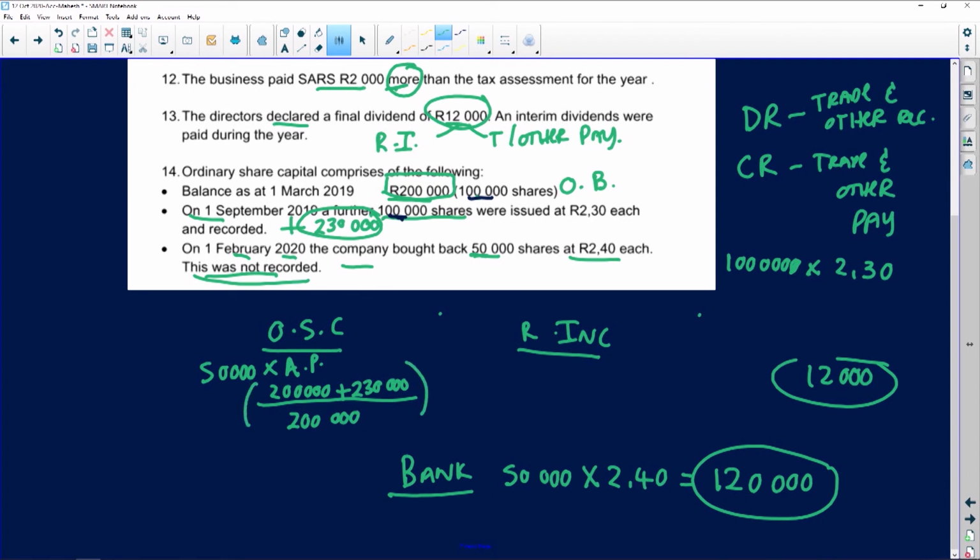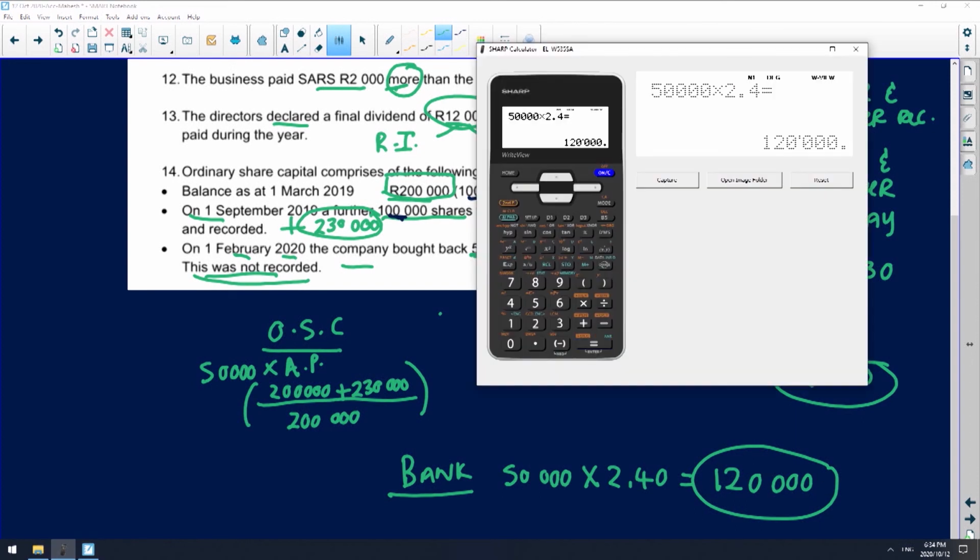So let's work out our average price. We've got 200,000, I'm going to leave out the 3 zeros, plus 230,000, and then we divide this by 200,000. Again, I'm just leaving out the zeros, so it makes my life a bit easier.